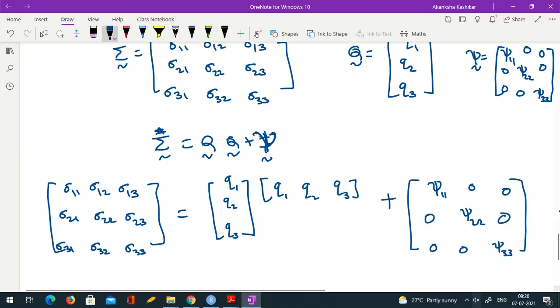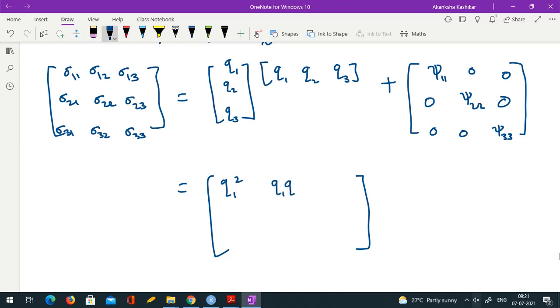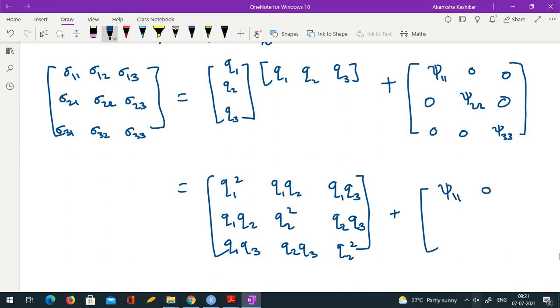Okay. So let us try to simplify the right hand side. Left hand side is anyway a single matrix. So this would be Q1 square, then Q1 Q2, Q1 Q3, Q1 Q2, Q2 square, Q2 Q3, Q1 Q3, Q2 Q3, Q3 square plus psi 1 1 0 0, psi 2 2, and psi 3 3.